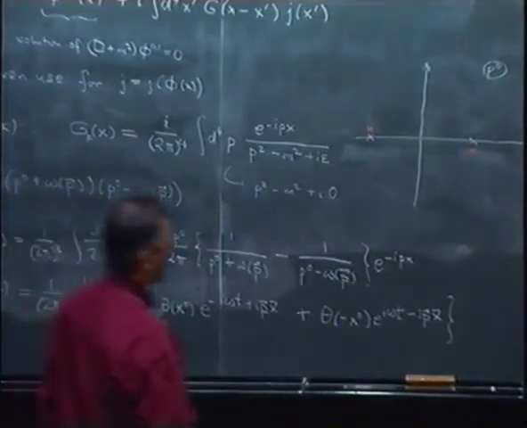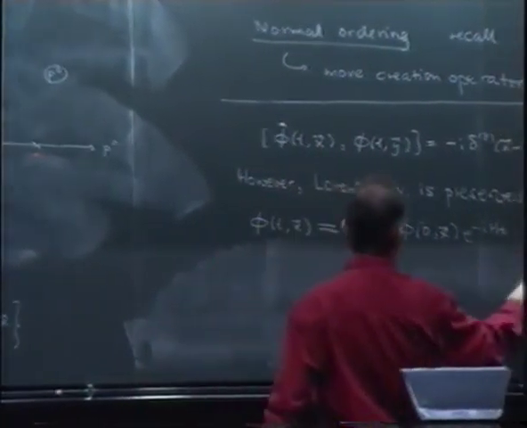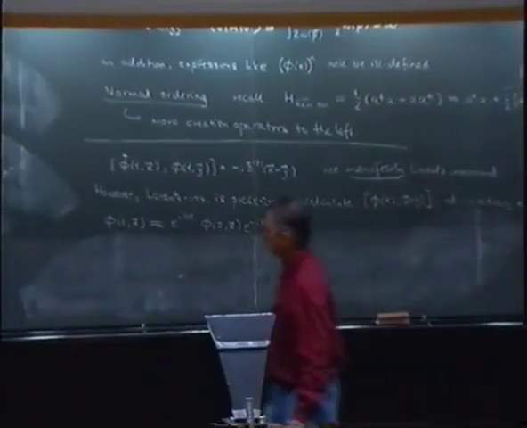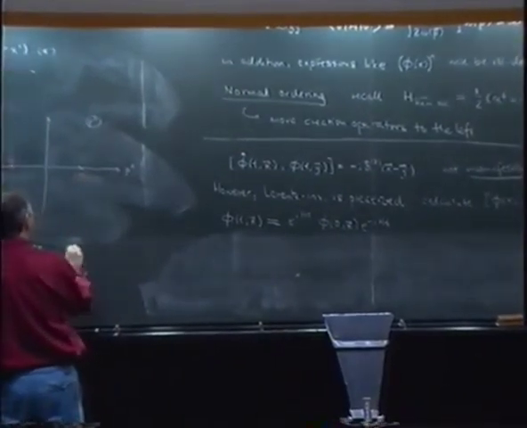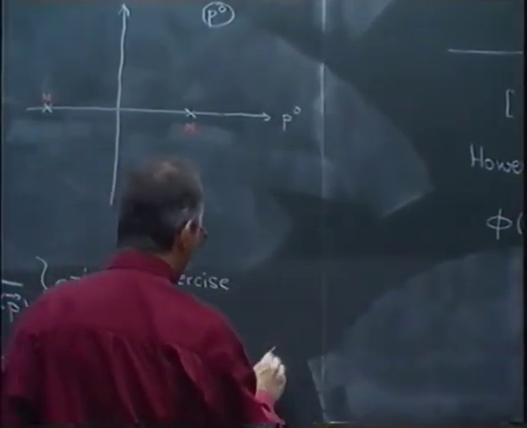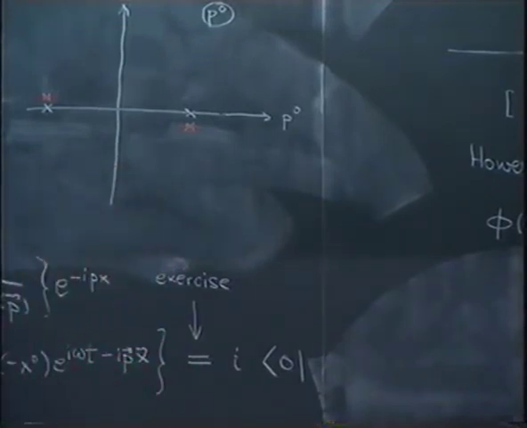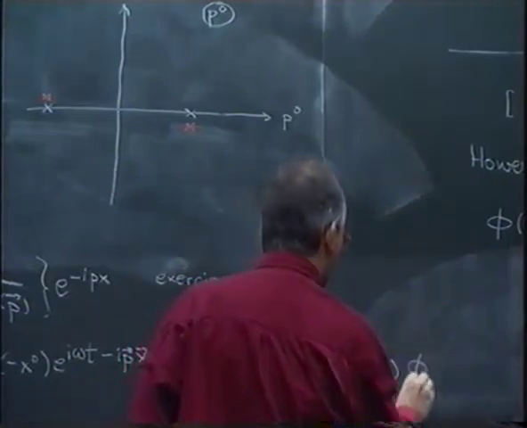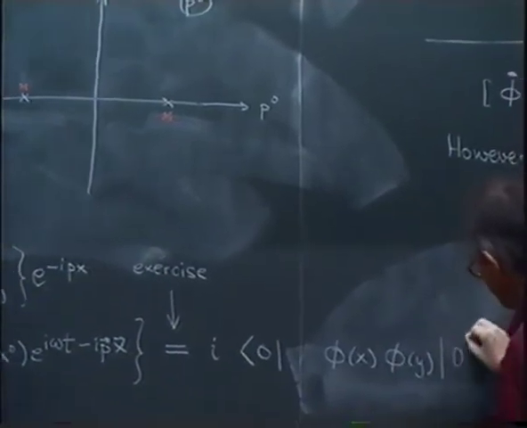And it's now a little exercise to show that this Green's function is also equal to an expectation value, namely, so this is an exercise, i times a vacuum expectation value of a product of two field operators, phi of x and phi of y. But this is not quite what it is.